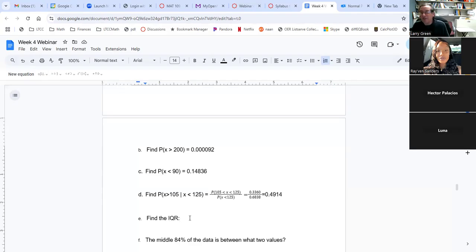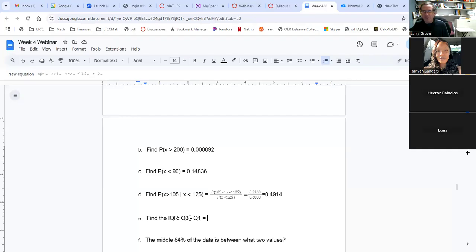Nothing to do with IQ, by the way. And what the IQR is? Yeah, interquartile range. And the formula for that, if you remember, was Q3 minus Q1. Any questions on that?